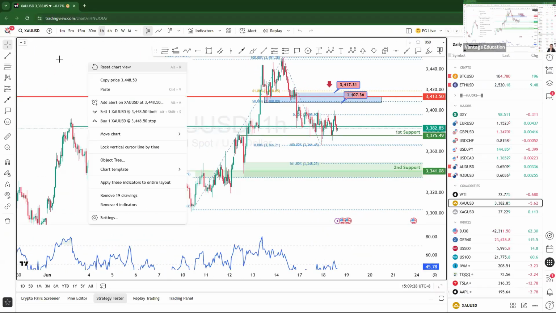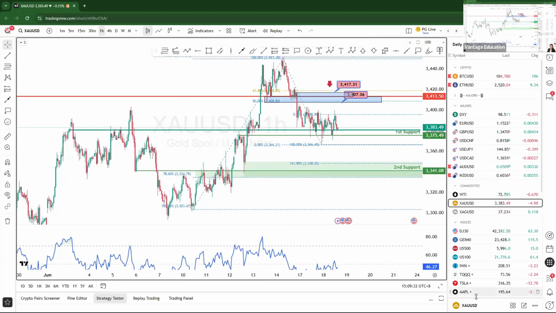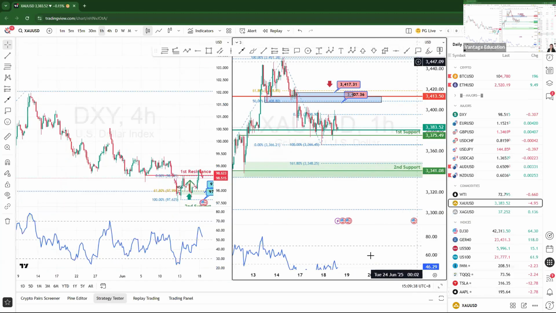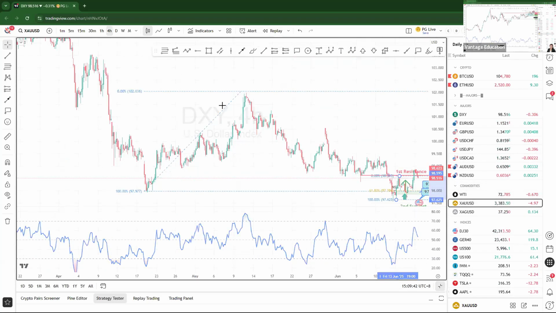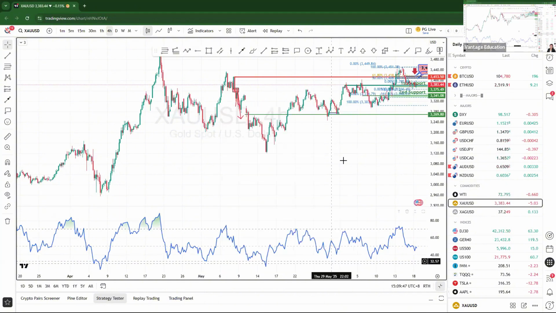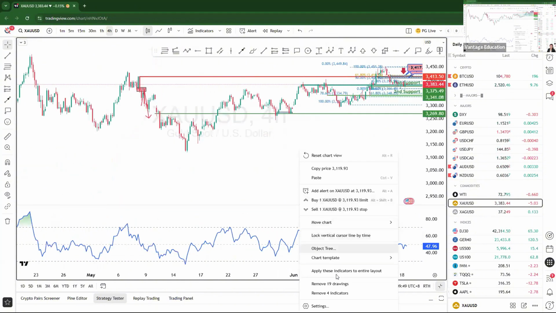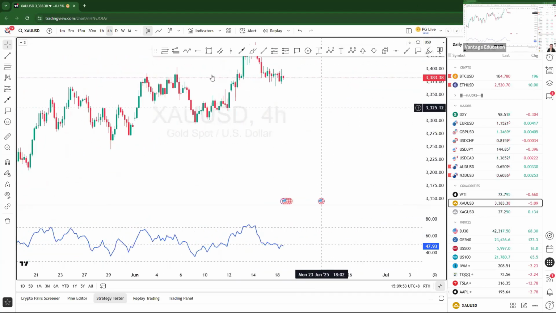Basically we know that support, right? For the support level, you look to your left.